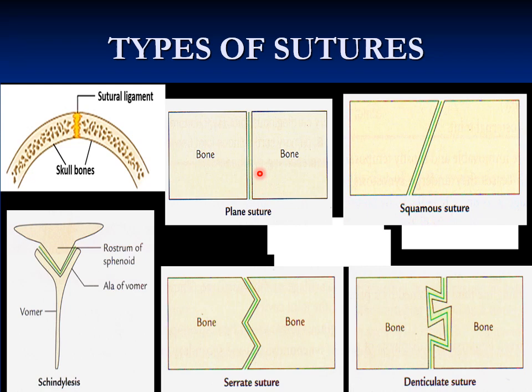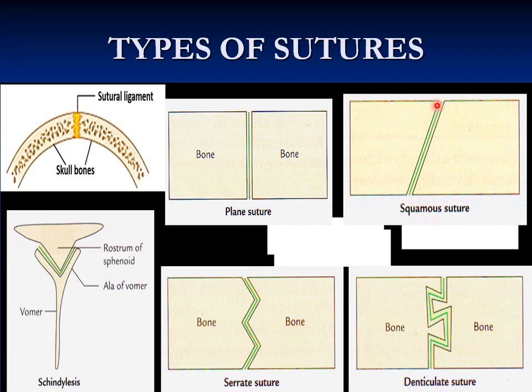Number one, the plain sutures. In this case, the union of the two bones shows plane surfaces. So the edges of one bone uniting with the other bone are plane and perpendicular to each other, and they are united by this green one, the sutural ligament, and these are plain sutures.